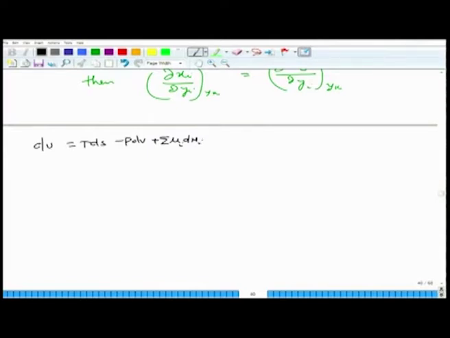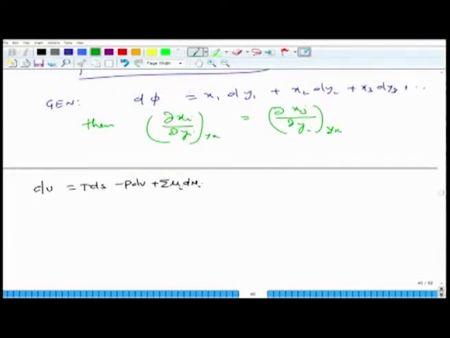For this you can clearly get the expression, because that is what I talked about, del xi by del yj in this form. So this is equivalently del t by del v at the other variables, which would be the same as minus del P by del S.